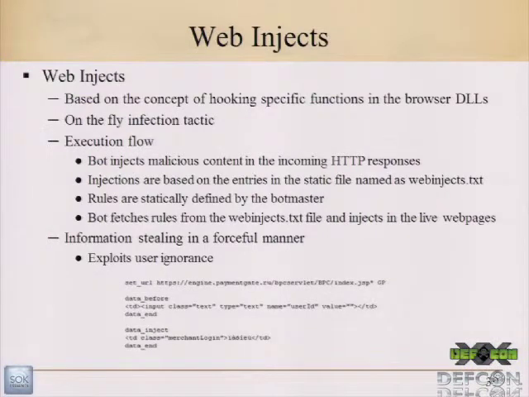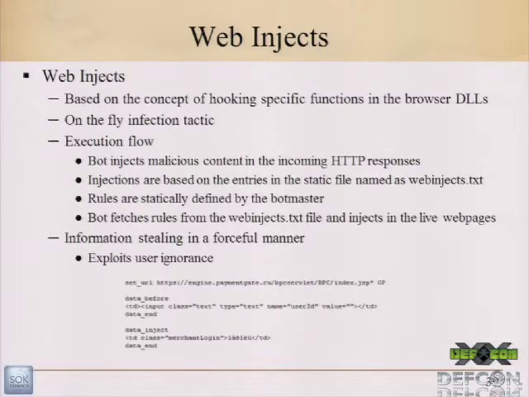Okay, as I stated earlier, it's a technique known as web injects. Since the bot is inside your system, it can do many things accordingly. Whenever the user sends a request and gets a response, before the response gets rendered in the browser, the bot injects some malicious scripts into it. We'll take a look at some of the attacks that have been conducted against Citibank and how they wrote that particular web inject construct.